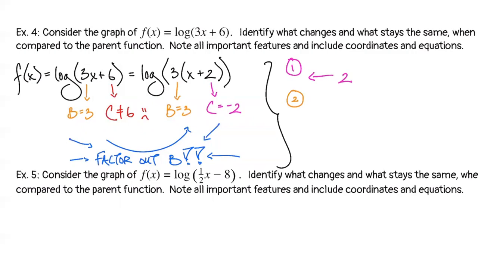In fact, what does that B equals 3 tell us? So we could say horizontal compression of 3. All right. Those are the graph transformations.